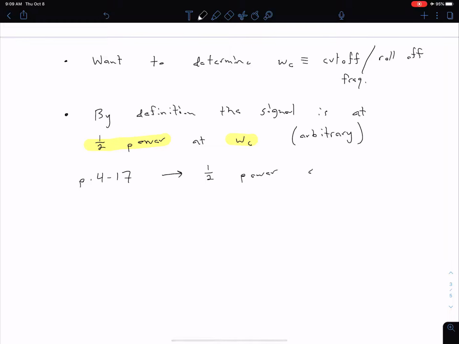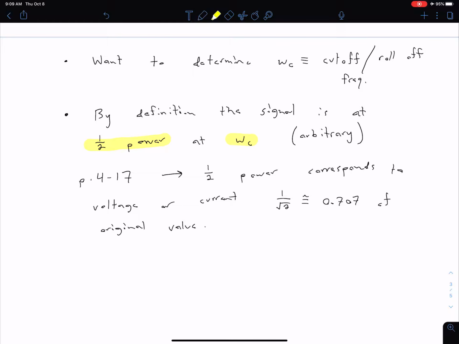So half power corresponds to voltage or current being 1/√2, which is approximately 0.707 of original value. So let's just highlight that. So we're talking about voltage or current, and that's going to be 1/√2. So half power corresponds to our voltage or current being 1/√2.